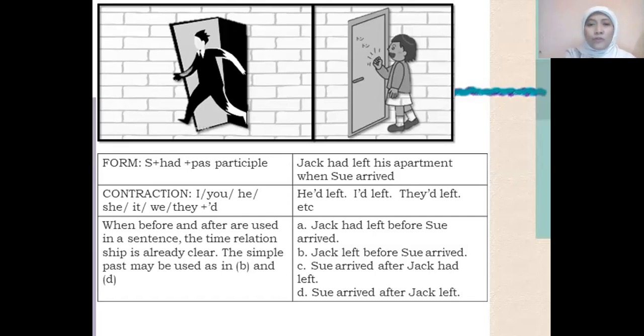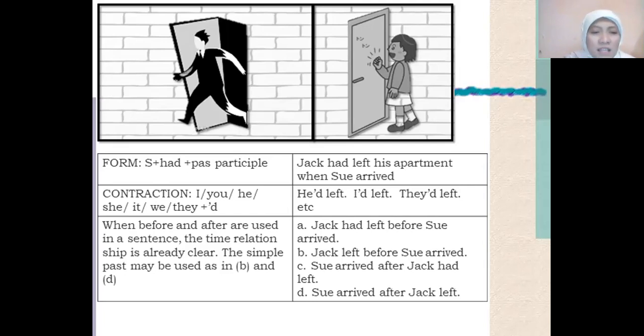Jack had left before Sue arrived. Jack had left, and then B, Jack left before Sue arrived. C, Sue arrived after Jack had left, and D, Sue arrived after Jack left. Okay, now, based on those A, B, C, D sentences, I will discuss a little bit. When before and after are used in a sentence, the time relationship is already clear.